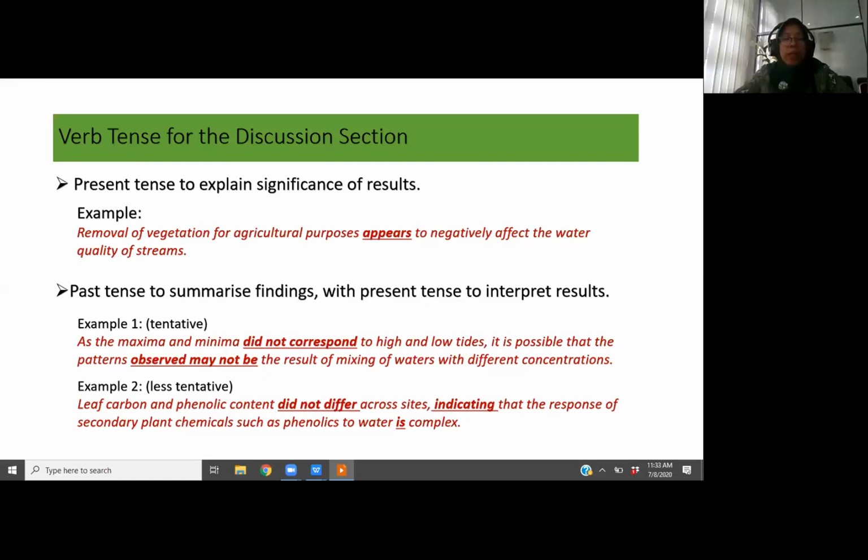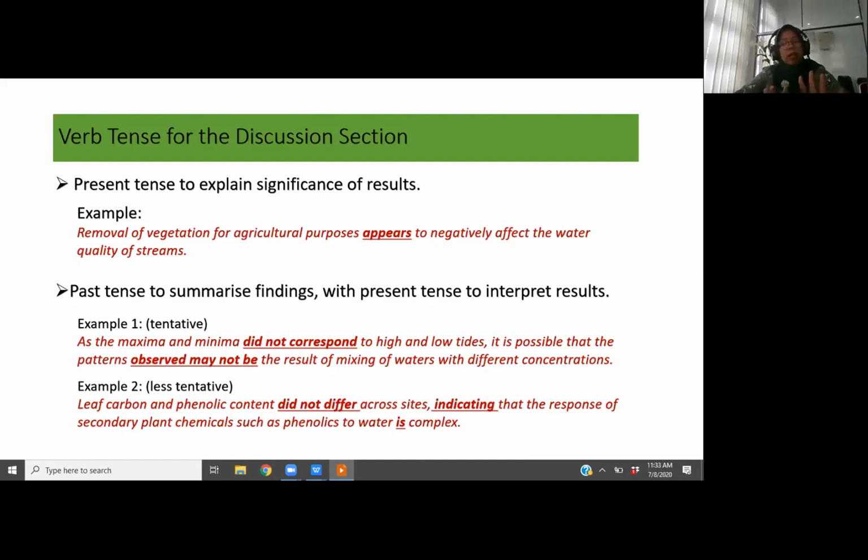So, and here, going back to the discussion, we use past tense to summarize findings and present tense to interpret results. Example, this one, I put the words tentative and less tentative here. As the maxima and minima did not correspond to high and low tide, it is possible that blah, blah, blah, observed may not be.